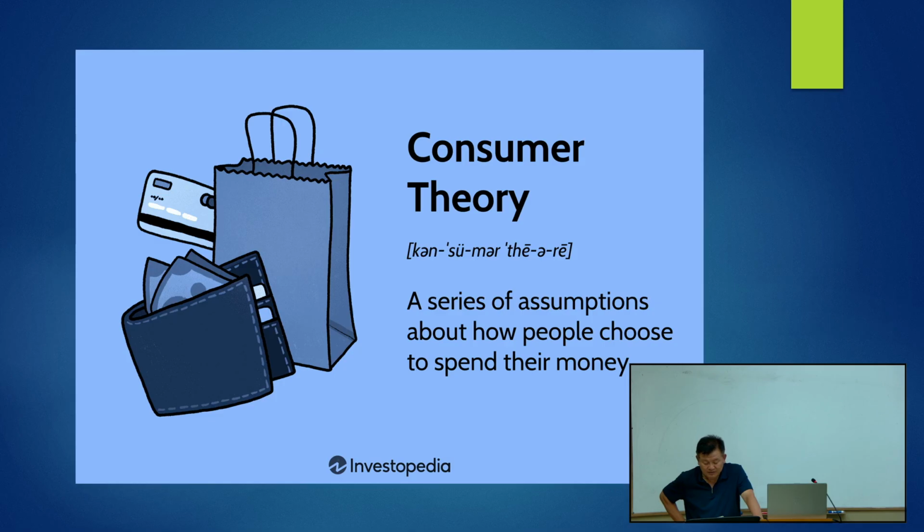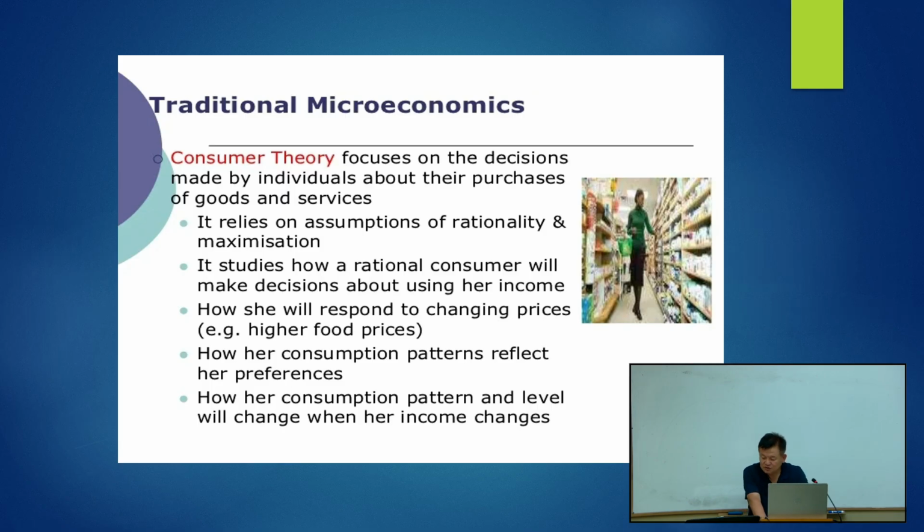When economists talk about consumer choice, what they are referring to is the combination of goods and services a consumer purchases, like the laptop computer and the smartphone. This is for consumer theory.